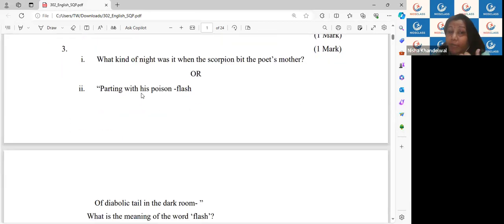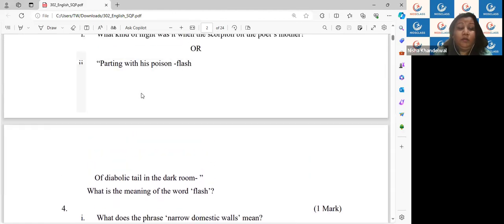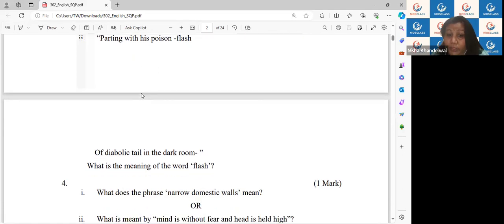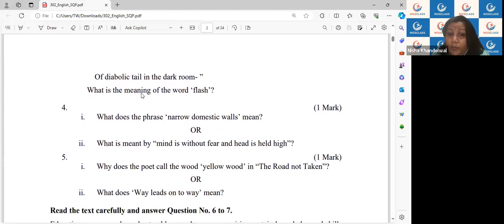Or see, in question 3, only 2 questions are there. So you need to attempt only one. Parting with his poison flash of diabolic tail. You need to tell the meaning of flash. And then what does the phrase narrow domestic walls mean? And what is meant by mind is without fear and head is held high?